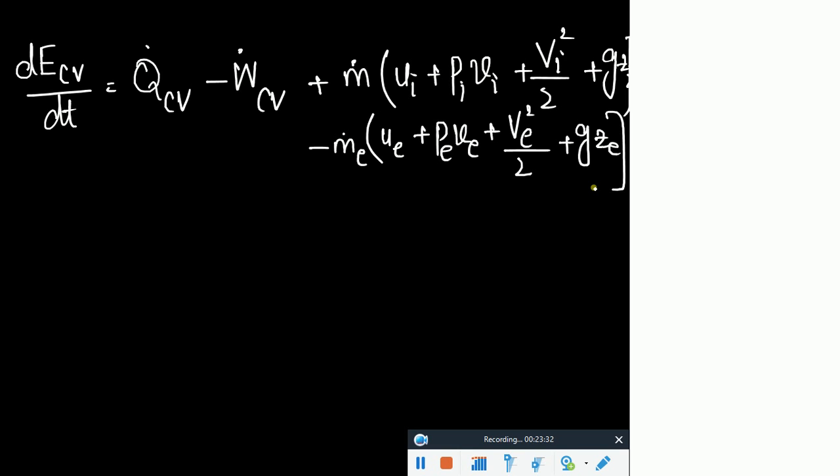Now can you see that? I just plugged in all the values, the work done by the flow, which is the flow work, and the simple control volume work back into the original equation, and I came up with this one.